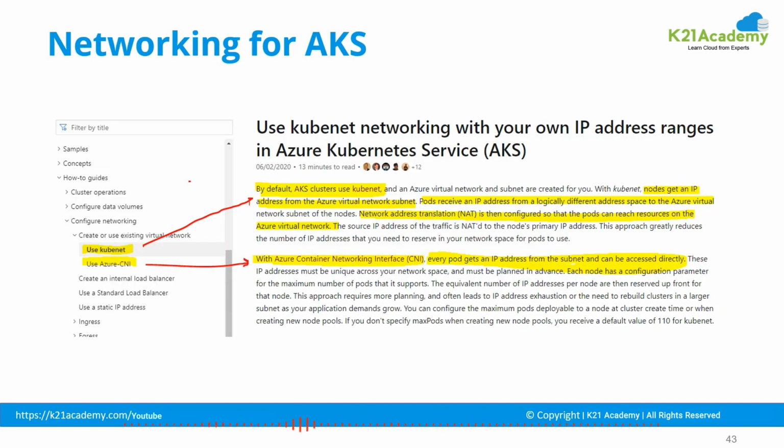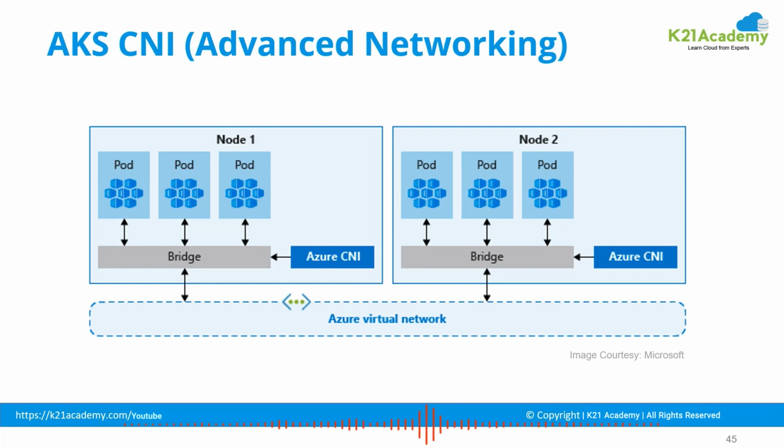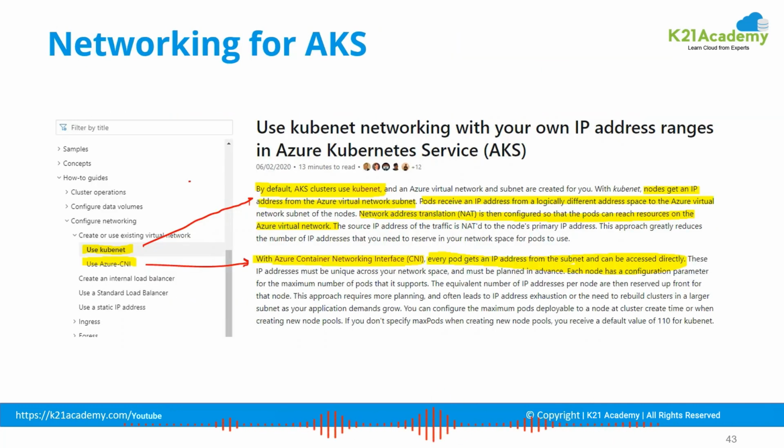Now, if you're deploying on a production environment, then basic networking is not the right method. You can then have advanced networking, and in advanced networking, each pod will get a separate IP from the subnet of the virtual network to which these pods belong.